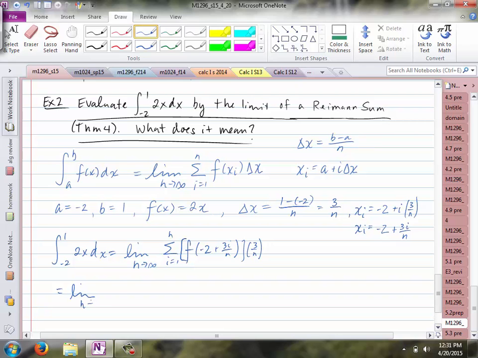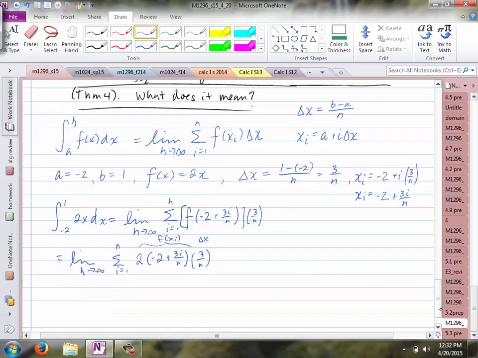I haven't done that yet, and then everything will be plugged in. So this was the f notation, and it seems like we should be done with this, but we're not. So what is the function? Well, the function was 2x. So this simply becomes 2 times (-2 plus 3i over n). That is the f of x sub i. It's kind of basic in this one. And then the delta x is the 3 over n.